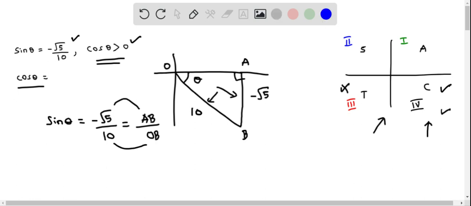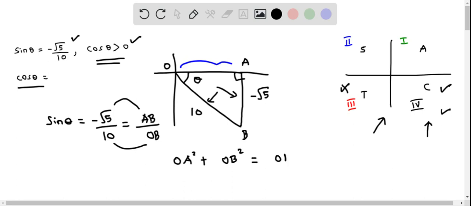Now we have to determine the length OA, so that we can find cos theta from this right triangle. Let's apply the Pythagorean theorem. In the right triangle, the sum of the squares of the sides equals the square of the hypotenuse.